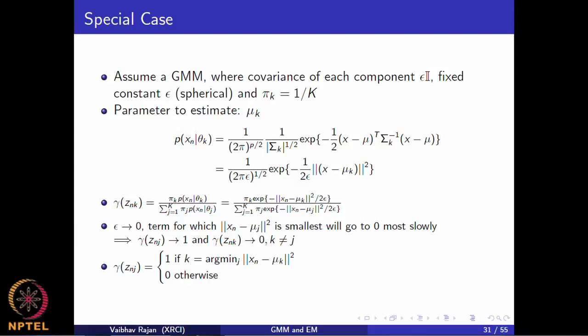So, since pi k is known, since sigma k is just epsilon times identity, the formula for the normal distribution simplifies to just this. Okay. So, this is identity, this goes away inside, you just have epsilon from here.